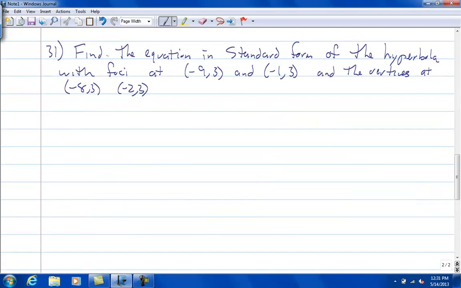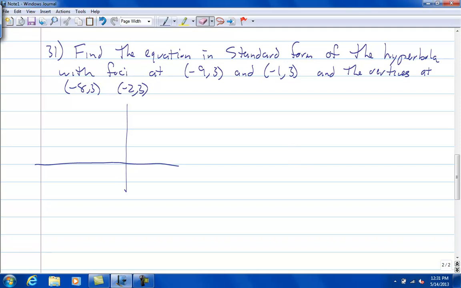Okay, on to 31. Find the equation in standard form of the hyperbola with foci at -9,3 and -1,3, and the vertices at -8,3 and -2,3. I don't need to go that far out.